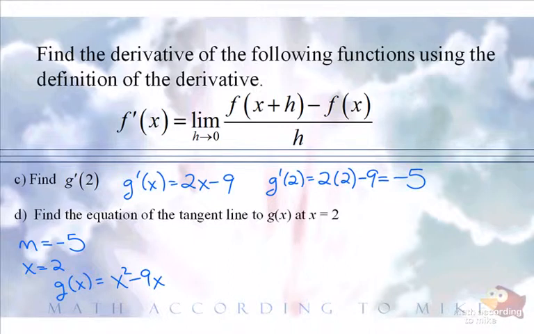Correct. So we need to find the y-coordinate. Anytime you want to find the y-coordinate, you go back to the original function. So we found g of 2. What is 2 squared minus 9 times 2? -14.